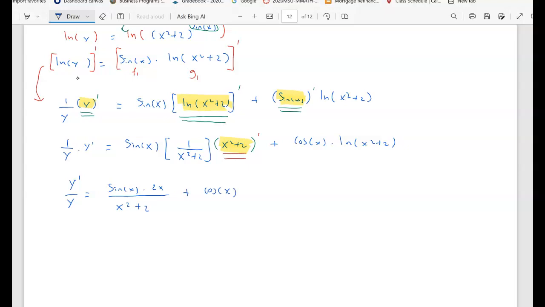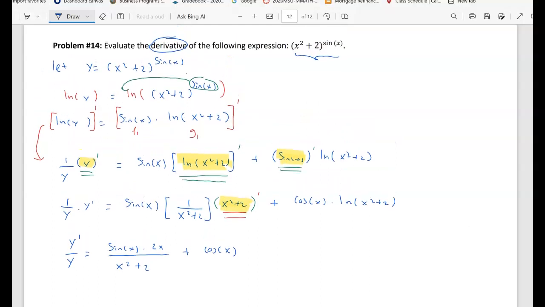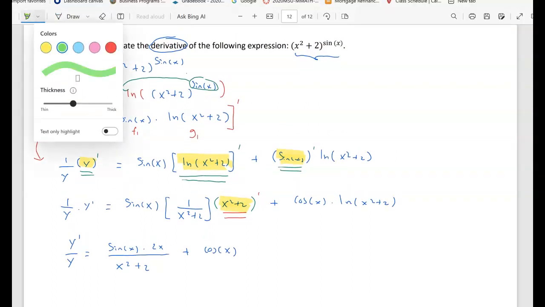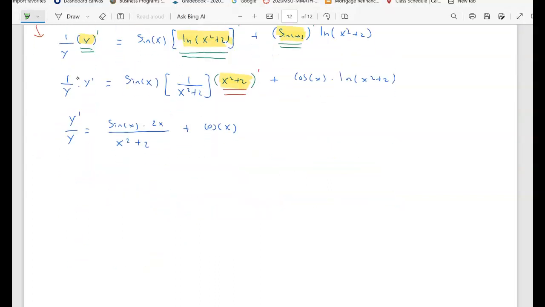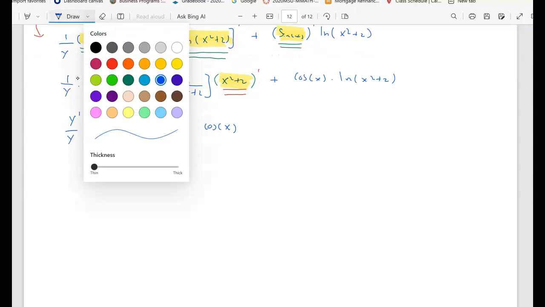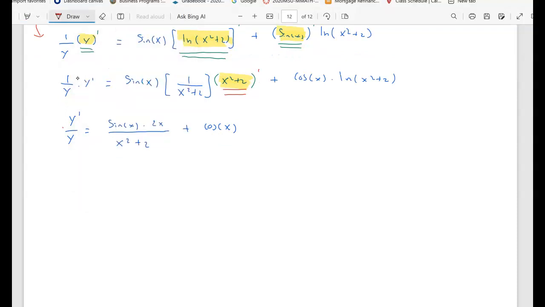Now, the last portion is to restore the original expression. Notice that we set the expression equal to y, so on our final answer, I'm going to multiply times y.